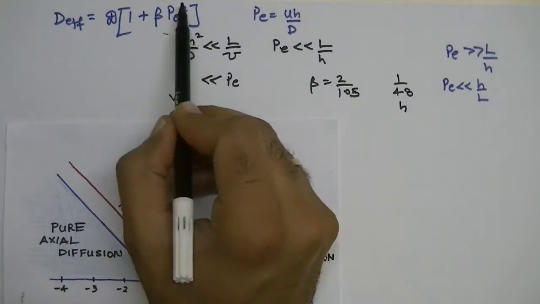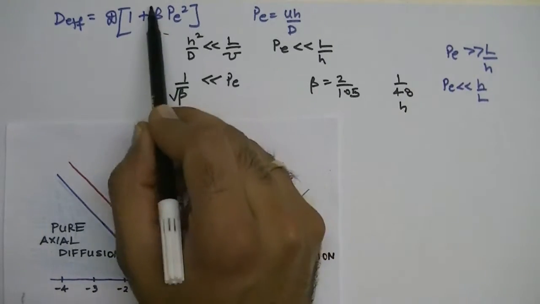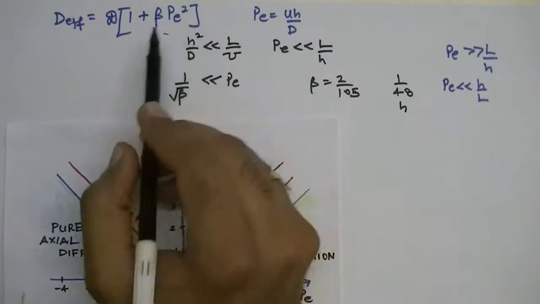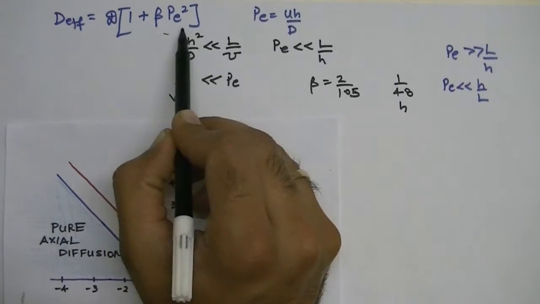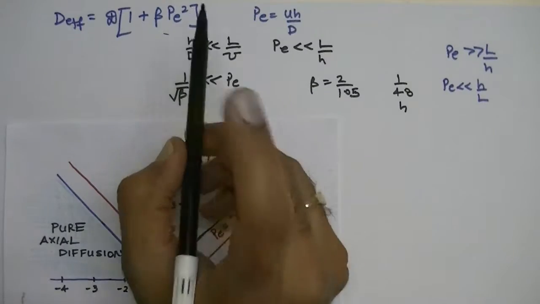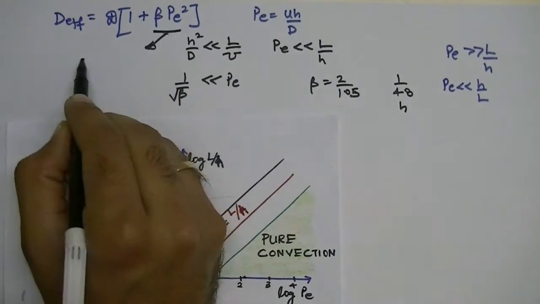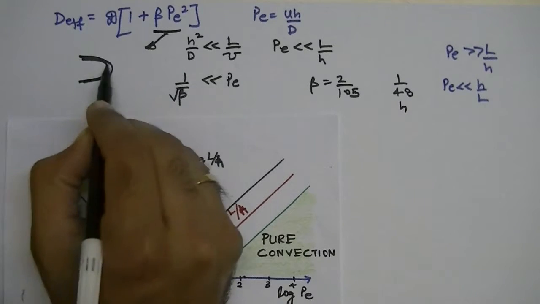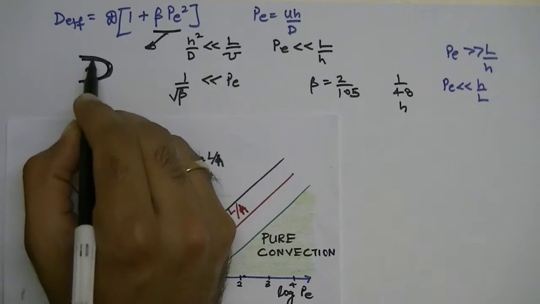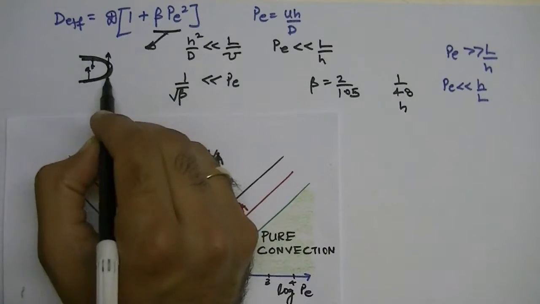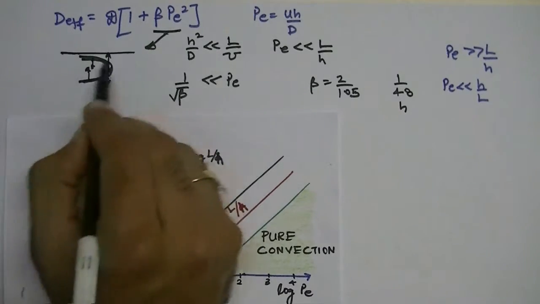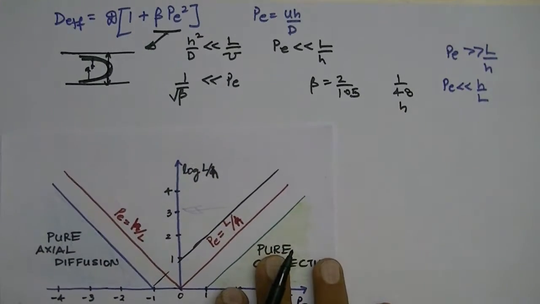That means this second term comes from the dispersion only, that is the combined effect of convection as well as radial diffusion, not axial diffusion. So this term is actually the result of the distortion of this band, first by convection and then very fast diffusion in the radial direction.